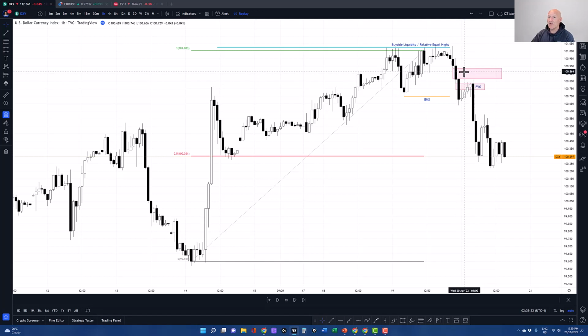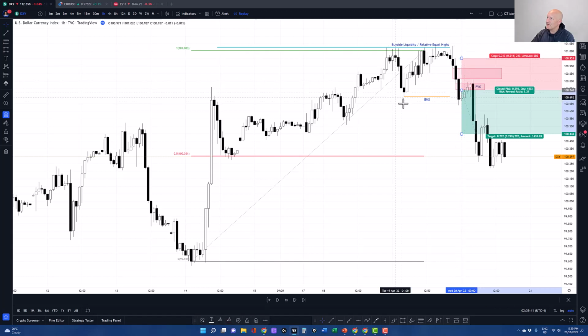But again, depending on your risk tolerance and just how much you've tested a lot of these concepts, you'll get a feeling for when you need to have a little bit more buffer, and you could potentially use that swing high there. So if we set that up here, this is what it would look like. We would have our stop there, so you can see our limit would be here, our stop would be here.